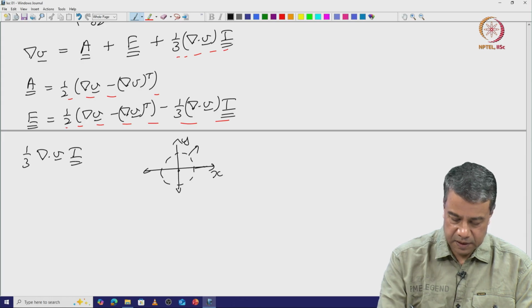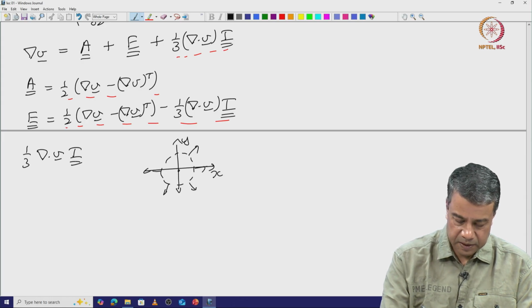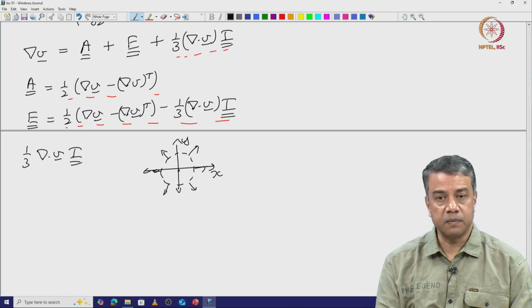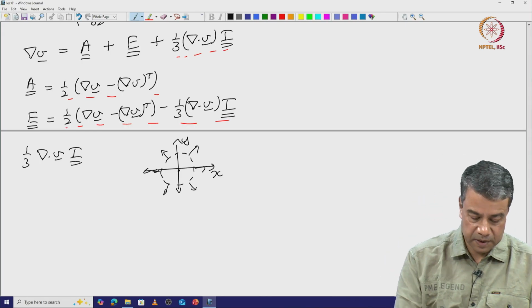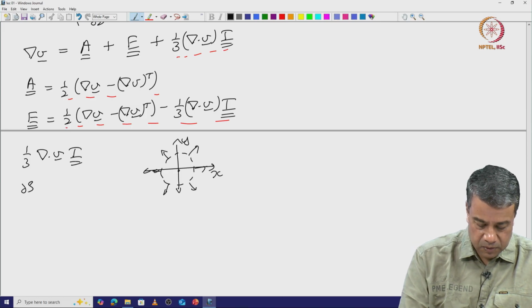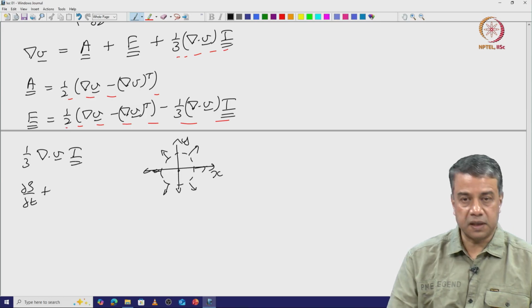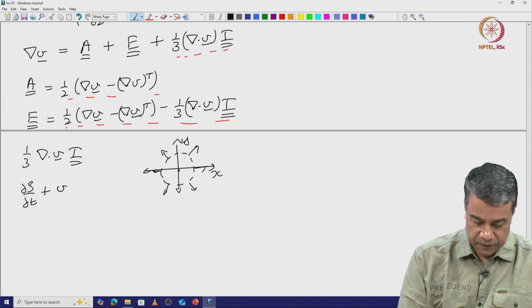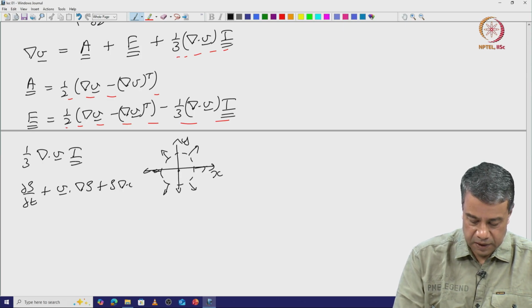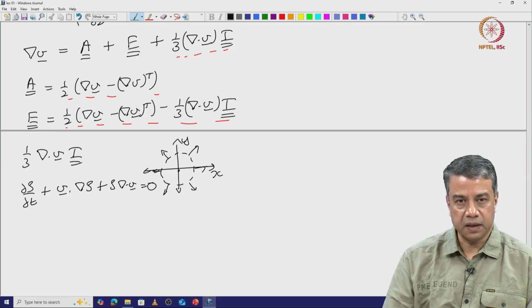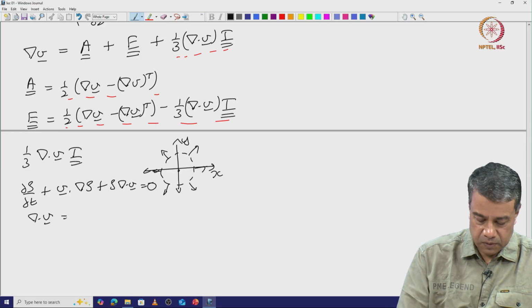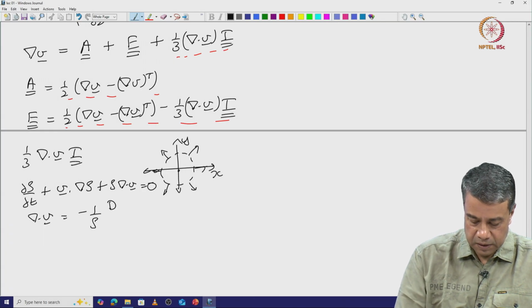And this divergence of velocity from the mass conservation equation can be written as partial rho by partial t plus the divergence of rho times v, that is v dot grad rho plus rho del dot v equal to 0. And from this I can get quite simply that del dot v is equal to minus 1 by rho d rho by dt.